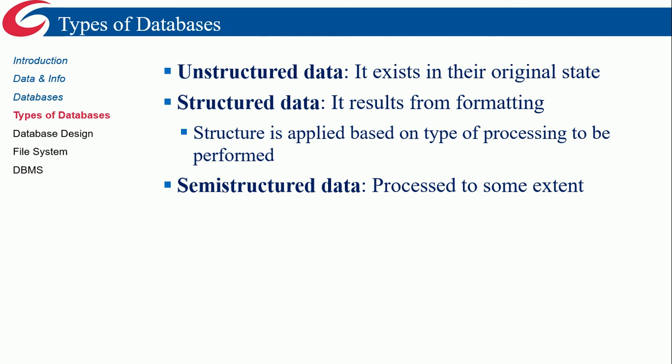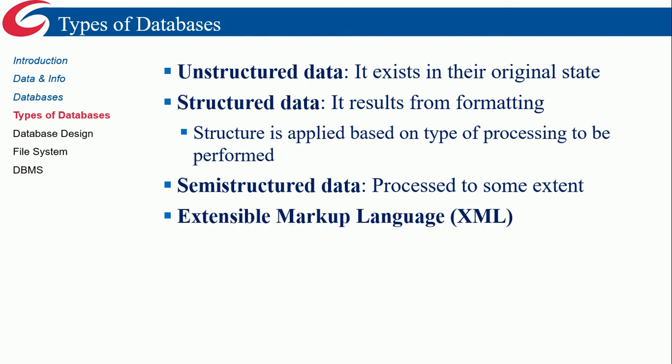Semi-structured data is sort of a hybrid between structured and unstructured. One good example of semi-structured is XML. You may have learned about XML in other courses. You may have used XML even outside your coursework. I'm sure everyone has probably had some exposure to XML, but that's a good example of semi-structured data. It has some structure to it, but that structure can be very easily adjusted.